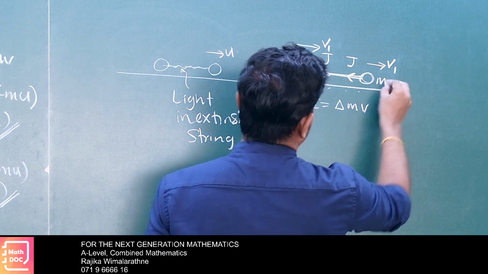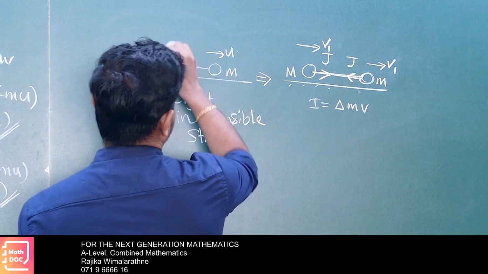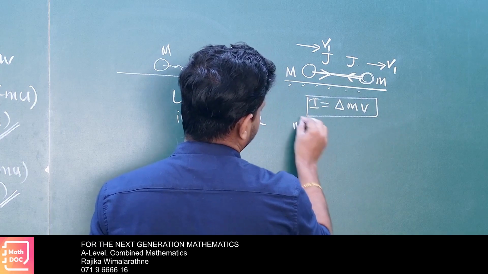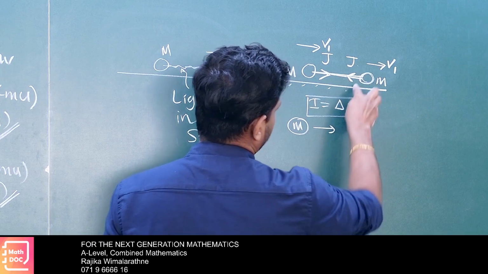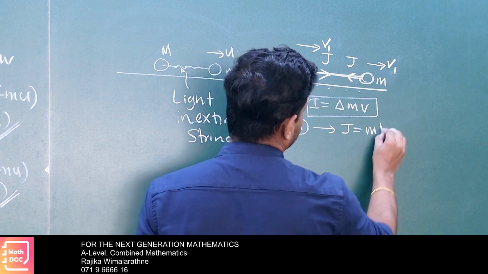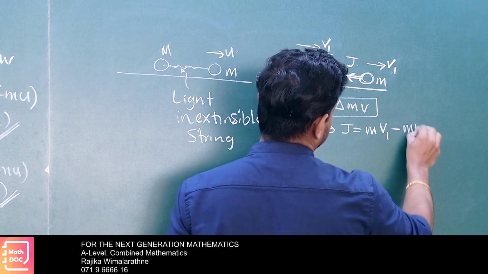So now you consider I equals delta mv. Let this mass be small m, and this mass capital M. Use I equals delta mv. For small m, in this direction, minus J equals small m times final momentum mv1 minus initial momentum mu, same direction.